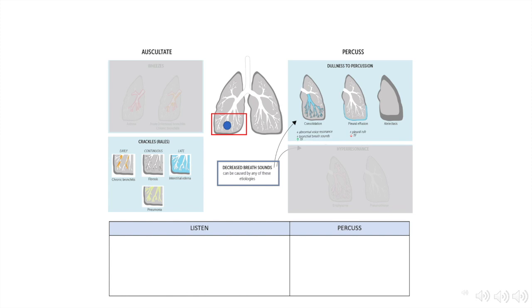You then appreciate this change. Those tubular breath sounds are bronchial breath sounds. And then when you perform tactile fremitus, you appreciate an increase in that, again, right lower lobe. So with those findings, you can narrow down that dullness to percussion to probably being a consolidation. And this patient likely has pneumonia.